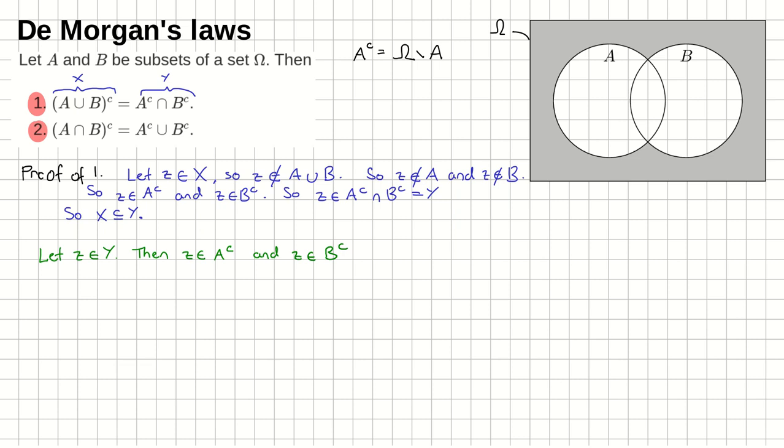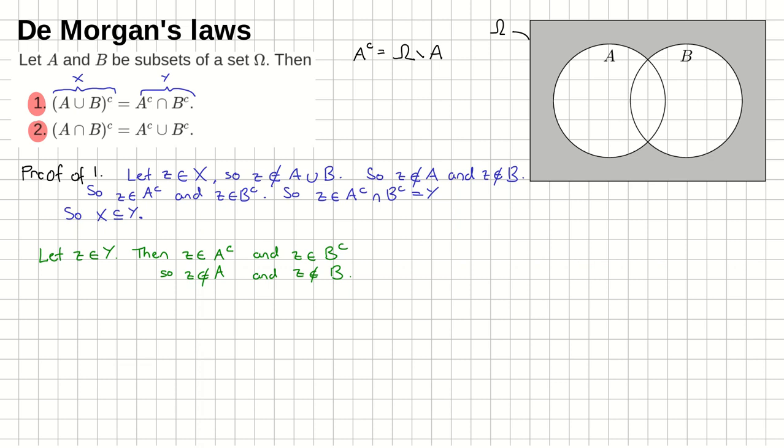Okay, being in A complement means that z is not in A. And similarly, z is not in B. Alright, if it's not in A and it's not in B, then it's not in the union of A and B, because to be in the union of A and B means that either you're in A or B or both.